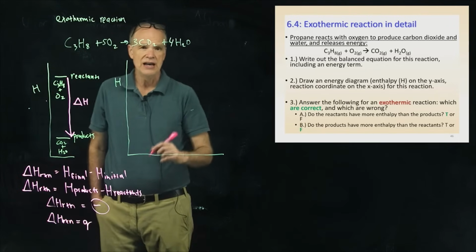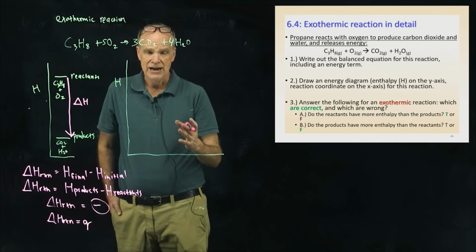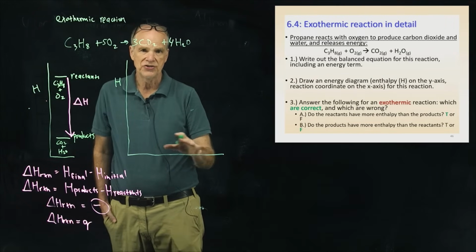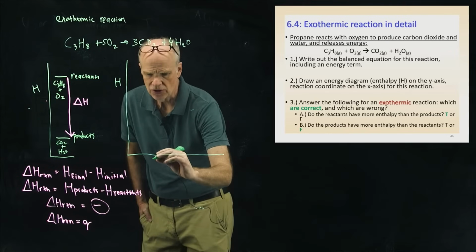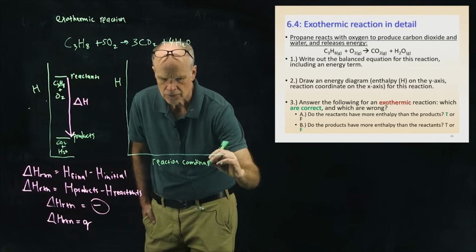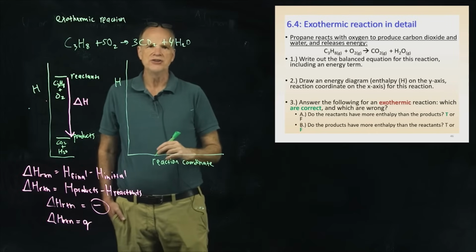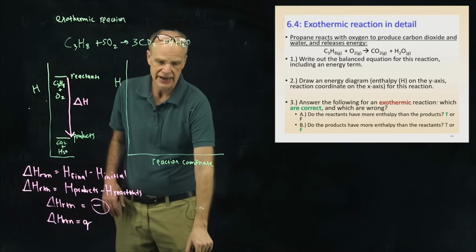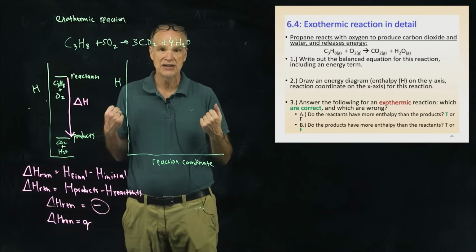Okay, so now let's go ahead and write into this diagram a little bit more detail. So now we have an extended x-axis, and this is something called the reaction coordinate. So the reaction coordinate is a time axis, and so let's go ahead and sort of imagine how this reaction is occurring.